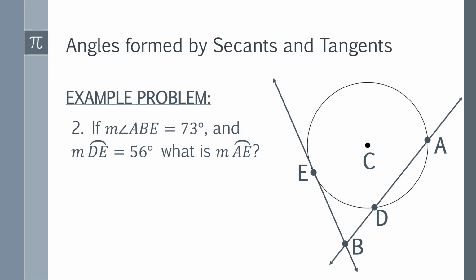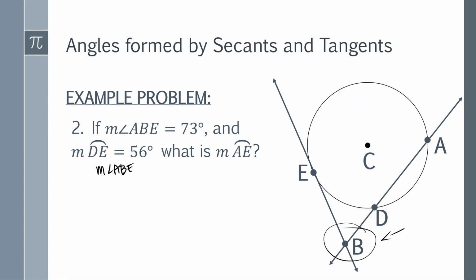Done already? Okay. So let's check your answer, if it is correct. Let's have the measure of angle ABE. Remember, if the point of intersection of two lines is found outside the circle, meaning their intercepted arcs are to be subtracted.